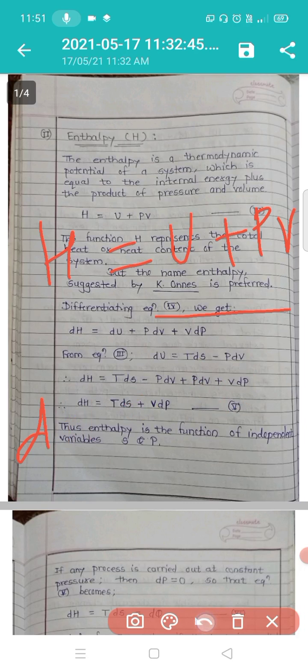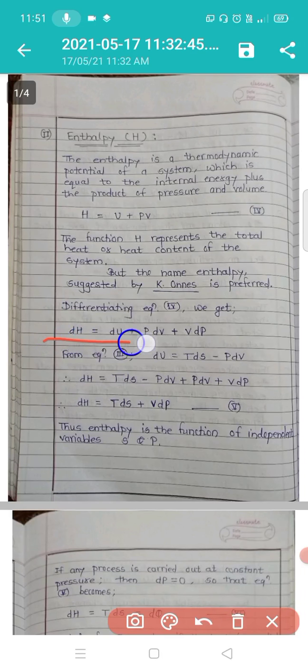We already derived it. So dH = dU + P dV + V dP. From the earlier equation we get dU = T dS - P dV. This is the internal energy.